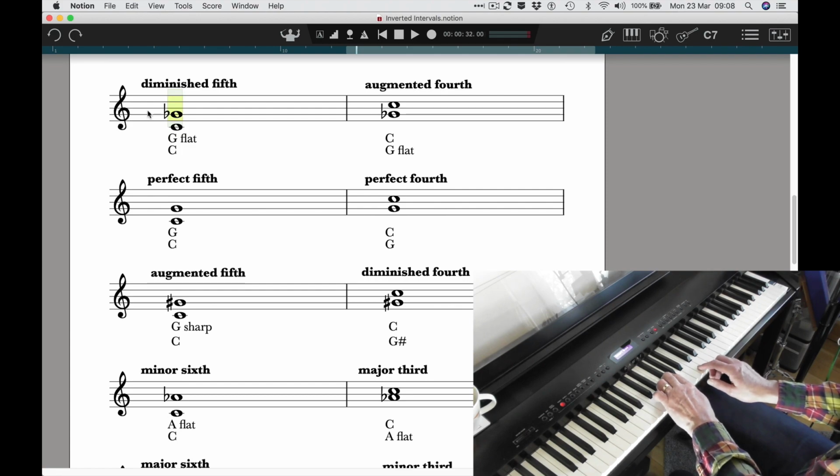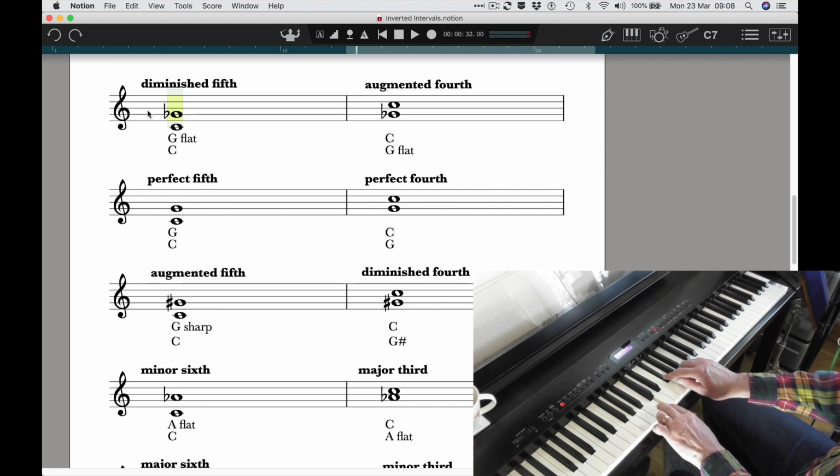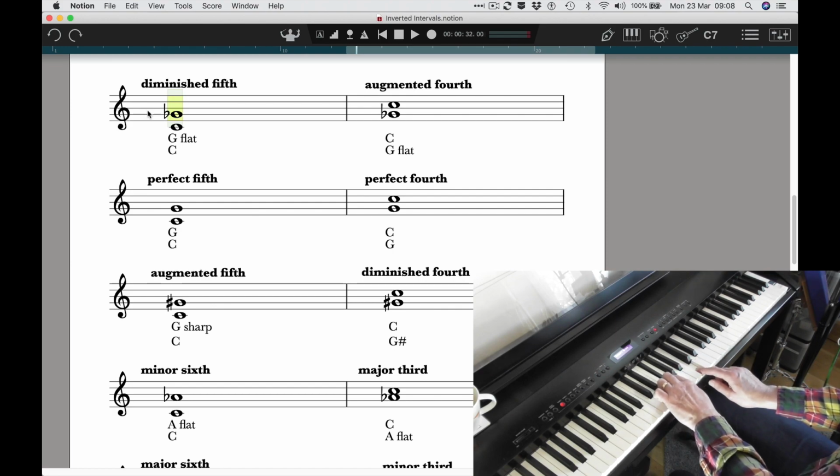Well, let's say you had this interval, G flat up to C. You haven't got a clue what that interval is because you don't know the scale of G flat. If you invert the interval, if you put the C underneath, you know that C up to G flat is a diminished fifth, and you know if you invert that it becomes an augmented fourth. So you can say with certainty that G flat to C is an augmented fourth.